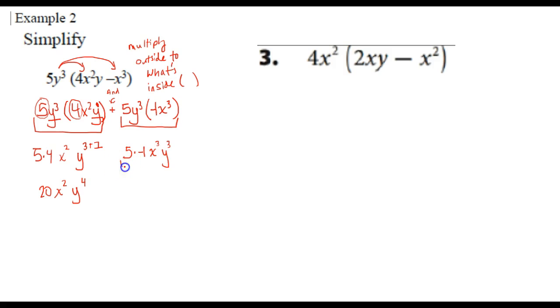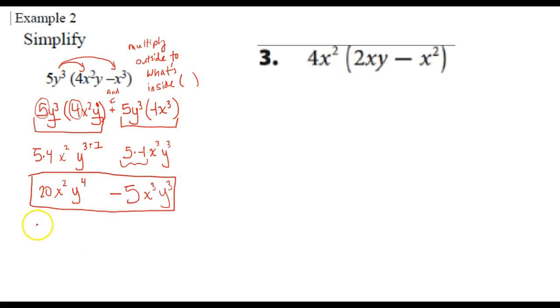I'll go ahead and multiply these two together. 5 times negative 1, which is a negative 5, and x to the third power and y to the third power. And that would be our solution.